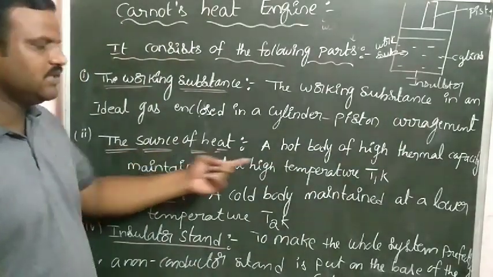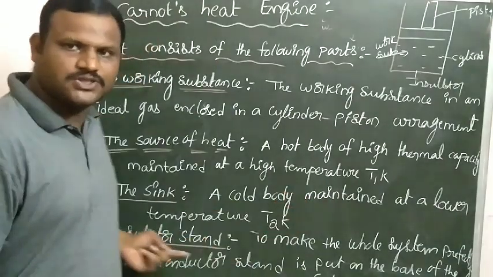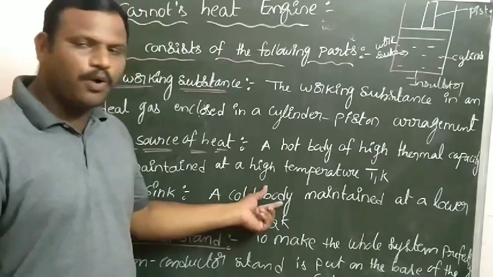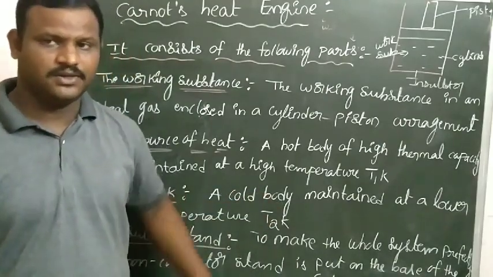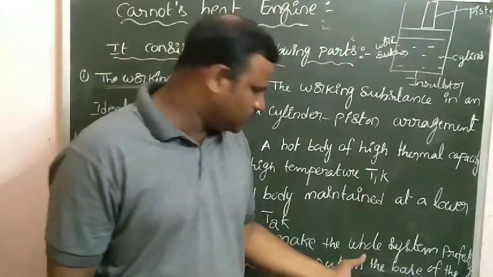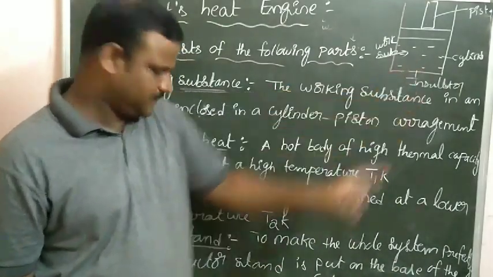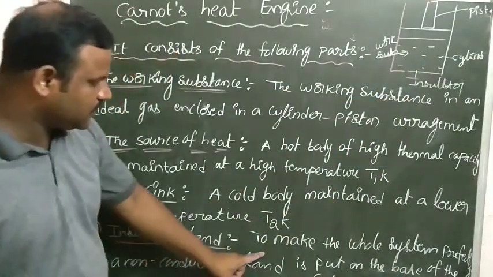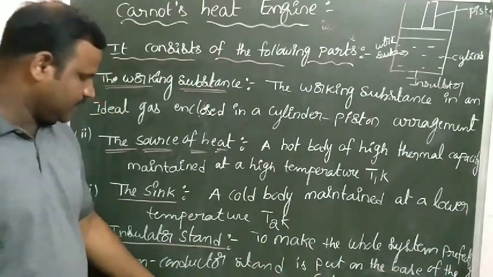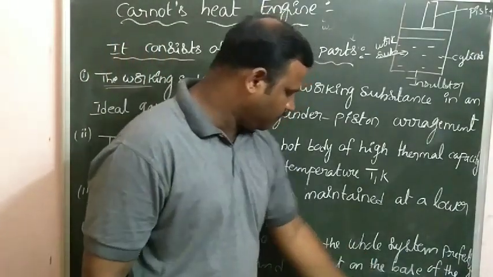Next, the source is the hot body maintained at high temperature T1 K. Next, the sink is the cold body maintained at lower temperature T2 K. Next, the insulator: to make the whole system perfectly non-conducting, a non-conductor stand is put on the base of the cylinder.